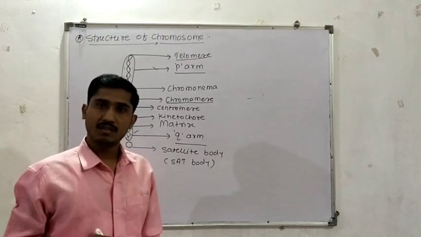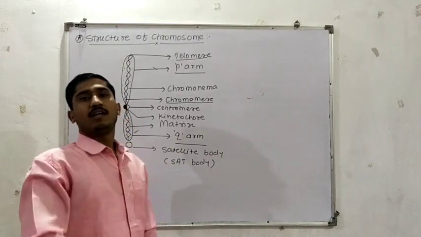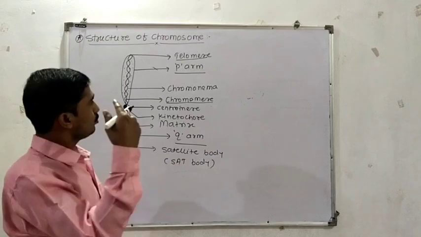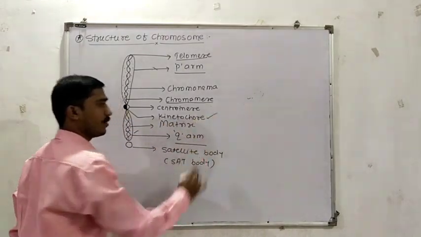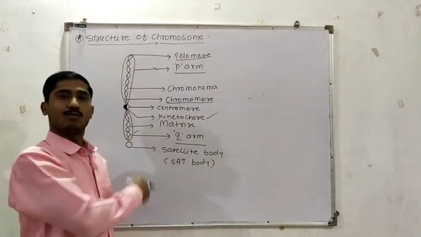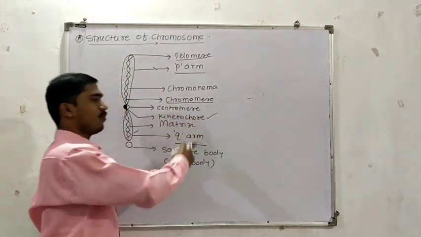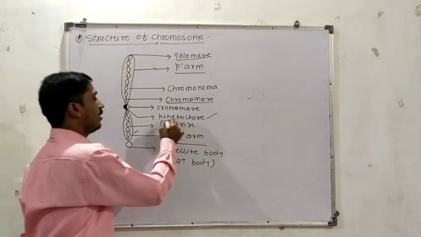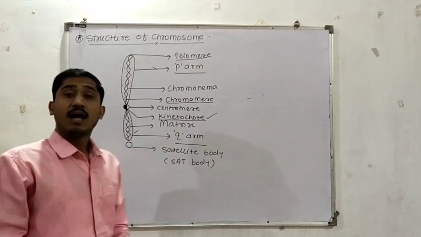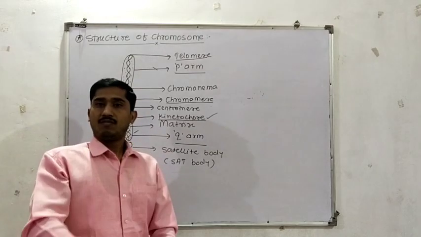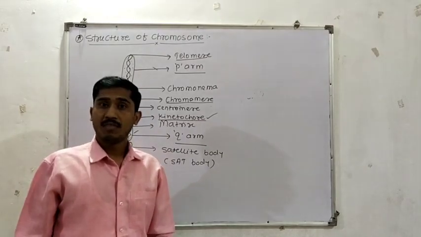These spindle fibers are attached to the chromosome with the help of the kinetochore. This is a very important function, and kinetochores act as a binding site for the spindle fiber.